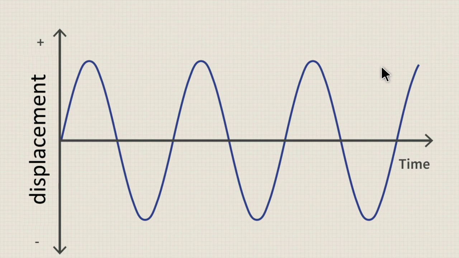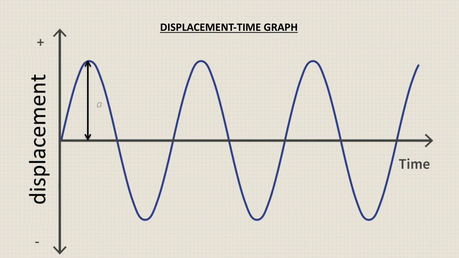Next we have the displacement time graph. Here on our y-axis we have displacement, and on our x-axis we have time. This figure shows the displacement time graph, where this is your amplitude represented by small a.